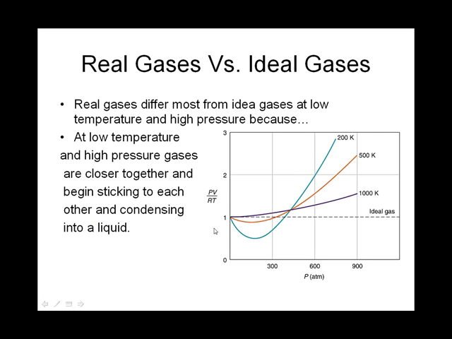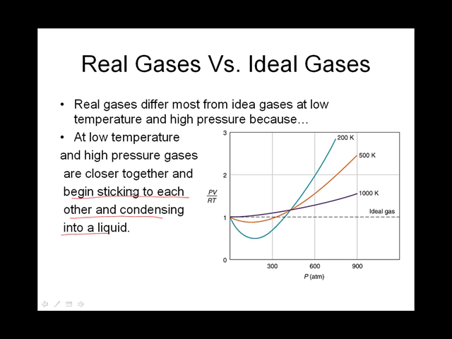Last idea, which is real gases versus ideal gases. Real gases differ most from ideal gases at low temperature and high pressure because at low temperature and high pressure, gases are closer together and they begin sticking to each other and condensing into a liquid.